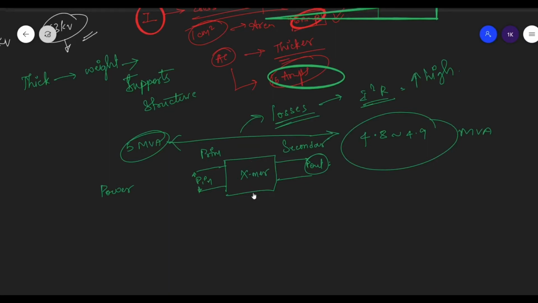But as this is a device, it will also have some percentage loss, but this loss is very small because the transformer is a highly efficient device. From 95 to 99% efficiency can be achieved by using a transformer.